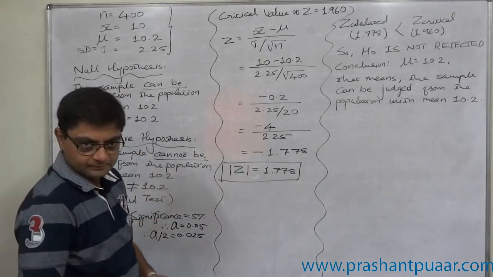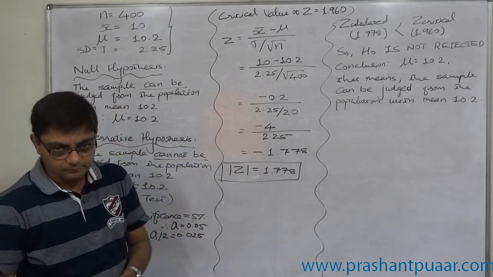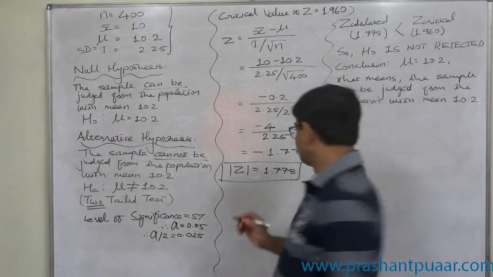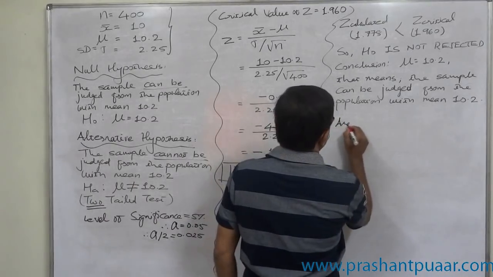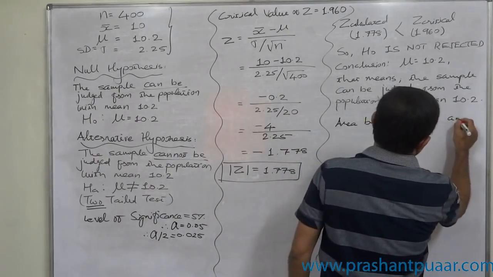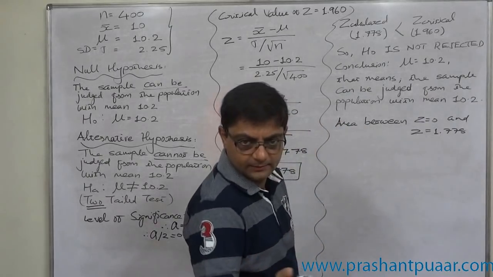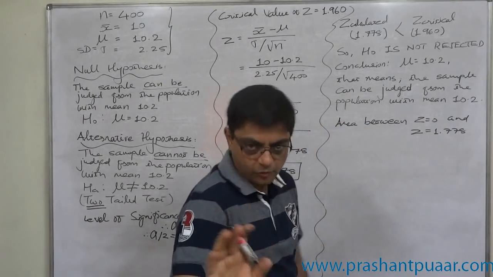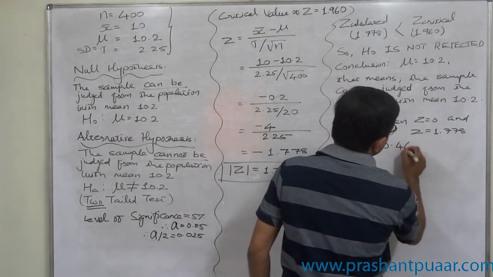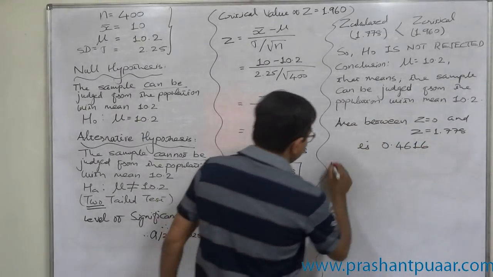It is for 1.78. 0.4616, is it? Okay. Now what is p-value?